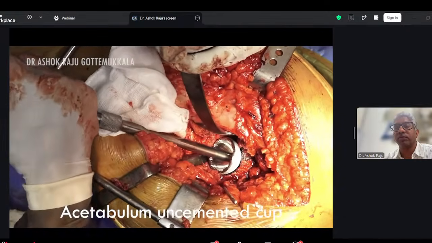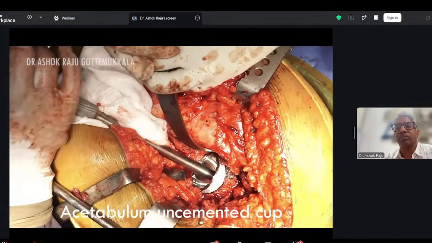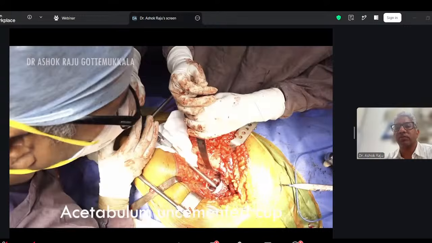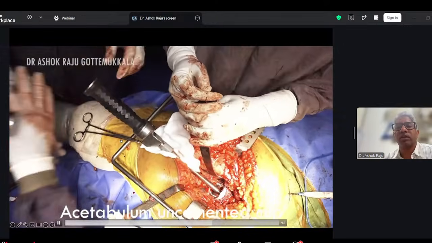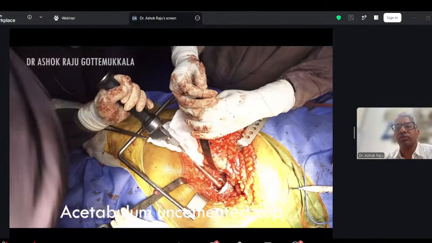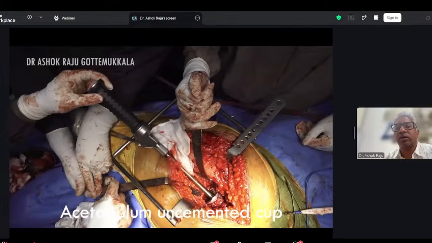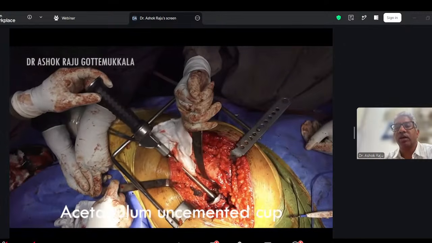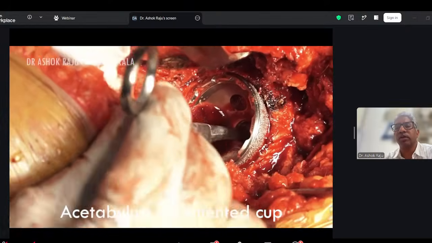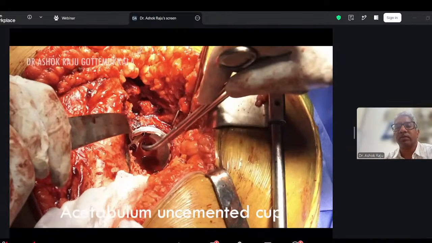Once you have trialed it, you put your original cup and you maintain your inclination and version. The artery over here gives me the correct version, and that's how you bang your cup, and you toggle it and rotate it to see how well fixed it is. So the whole body is moving now, and it is bottomed in very well.